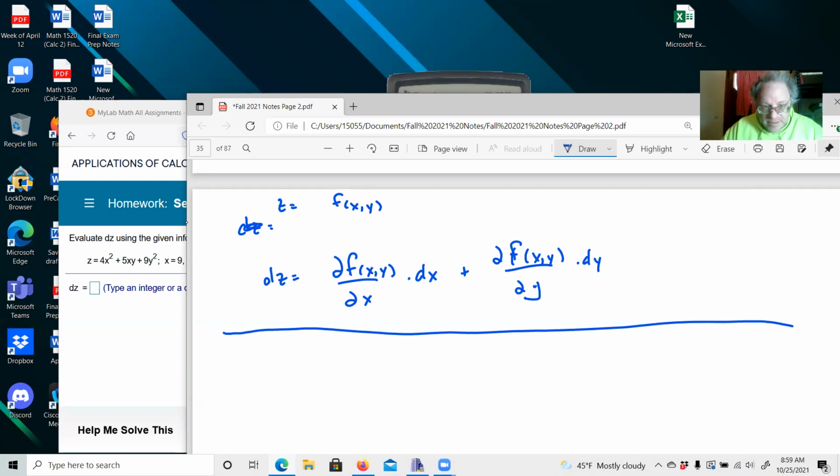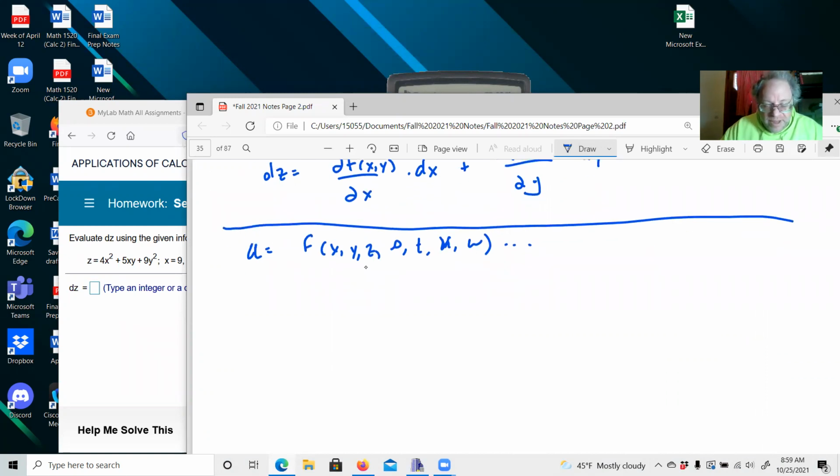So if I wanted, like, u equals some function of x, y, z, s, t, v, w, etc. Okay, it's just going to be a whole big trail of what's going on here.